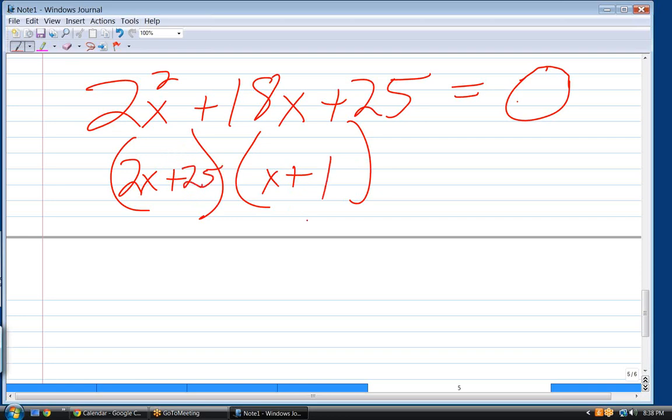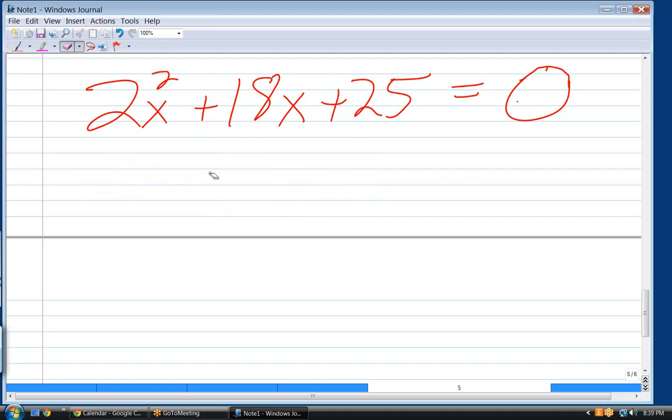That doesn't work either. That gives me 27 in the middle. There are no other factors of 25 besides 5 and 5 and 25 and 1. That's it. There's no two other numbers that multiply to give you 25. Therefore, it doesn't factor. Go directly to the quadratic formula.